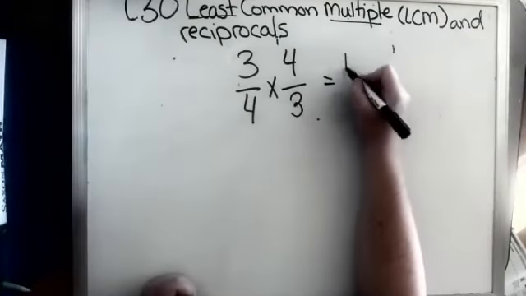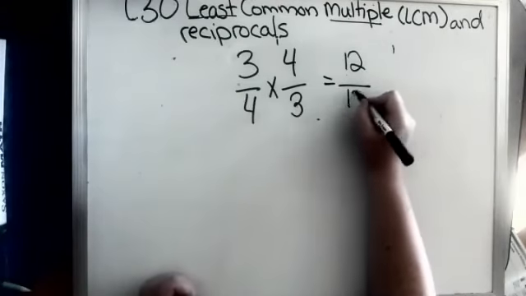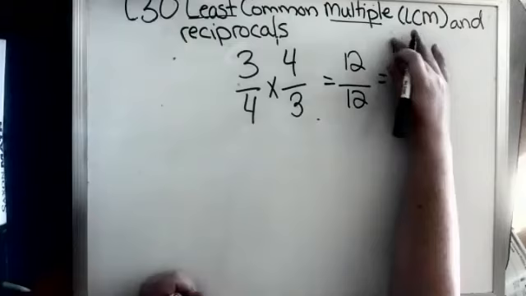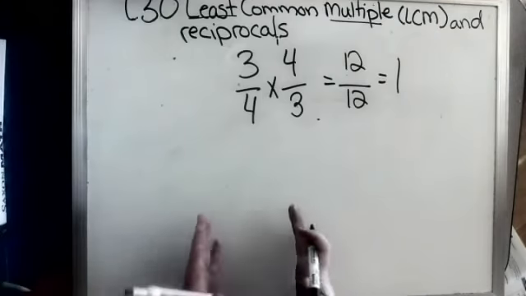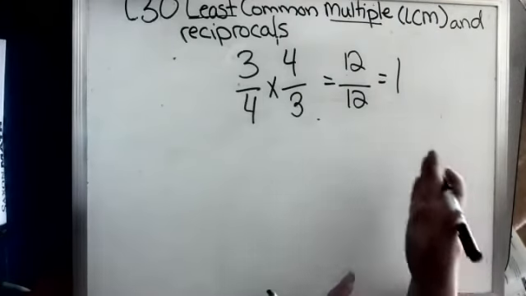So 3 times 4 is 12 and 4 times 3 is 12. 12 over 12 equals 1. So these fractions are reciprocals. Again, reciprocal means two fractions that multiply together to make a whole.